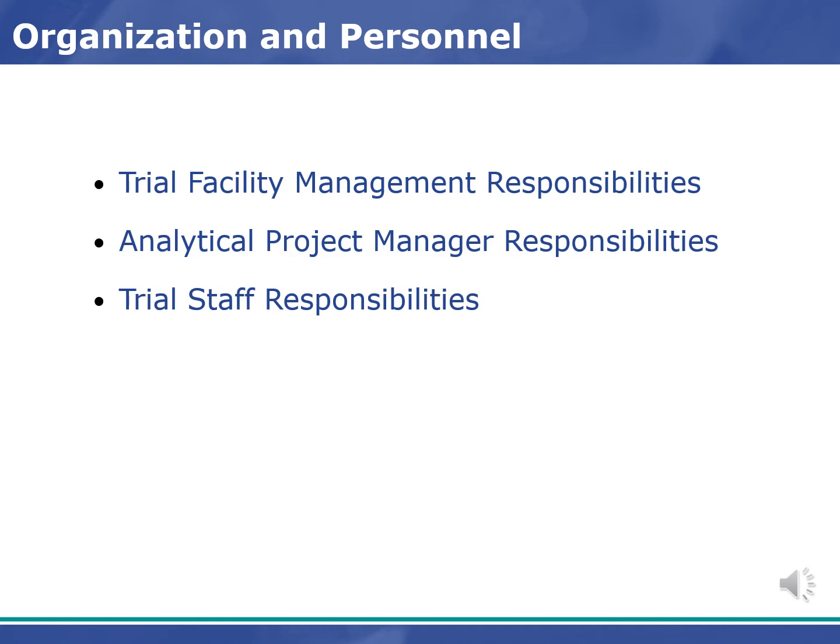Trial staff also have responsibilities, and that is to read your SOPs, to read the policy, to read the trial protocol and ensure that you comply with all the requirements thereof, as well as the requirements of regulation.